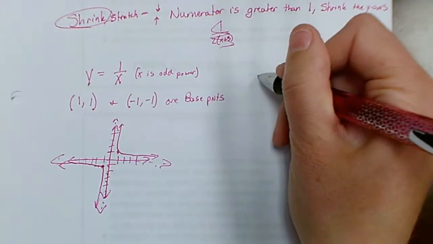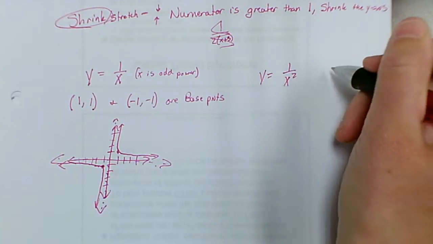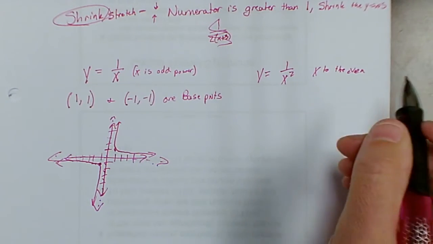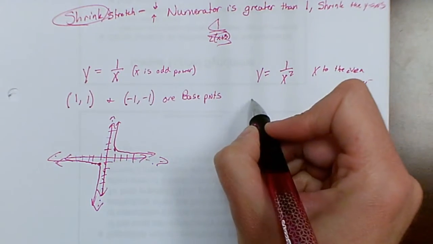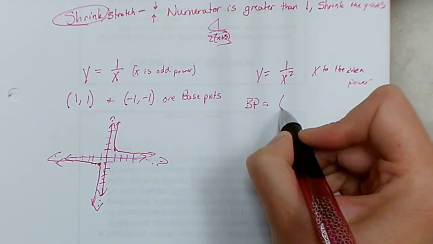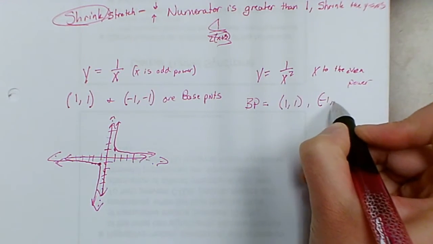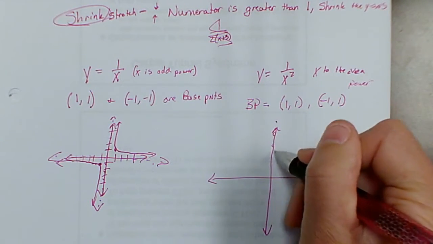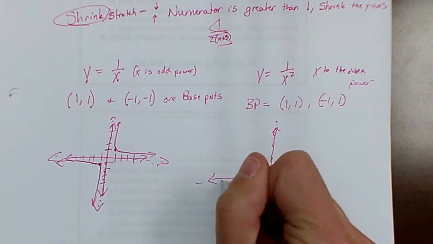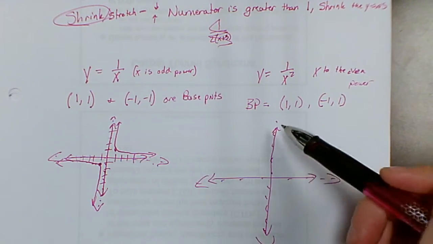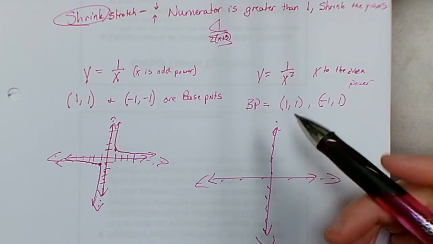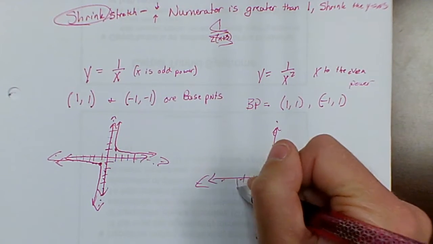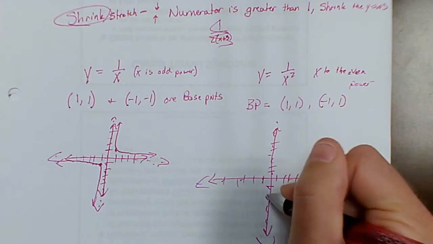And then the next one is if we have x to the even power. The base points are 1, 1, and -1, 1. And we still have our asymptotes, which means that the graphs get really close to those lines, these axes, but they don't ever touch.